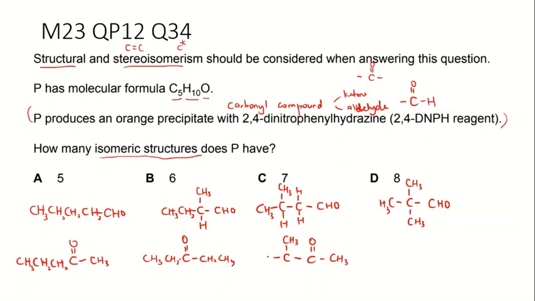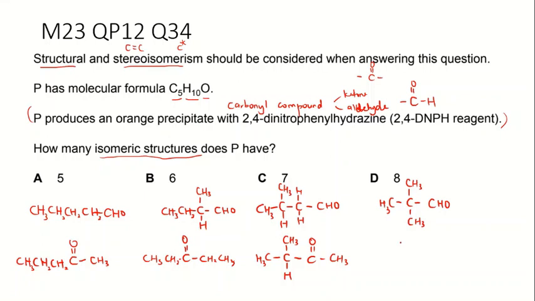I have one more, CH3 and H. Now I don't have enough carbon atoms to put another CH3 here, right? So that means I can only get 3 structural isomers of ketone for C5H10O. Now, I think I'm done with all the structural isomers of compound P.